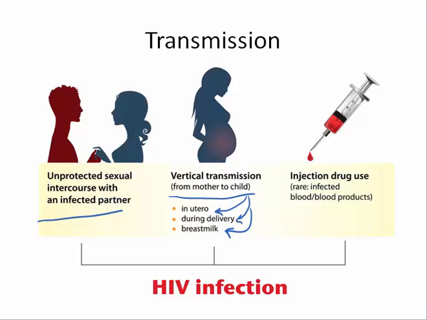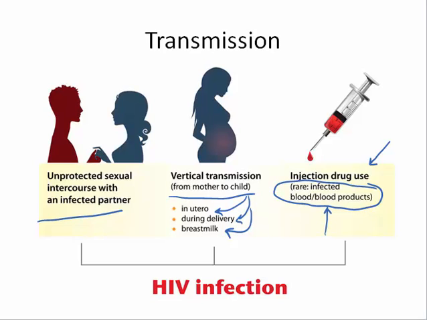And you can also transmit HIV if you share needles, and this happens with intravenous drug users. And very rarely it can happen through blood products. But usually the blood systems, especially in the United States, are screened so that this is extremely rare.